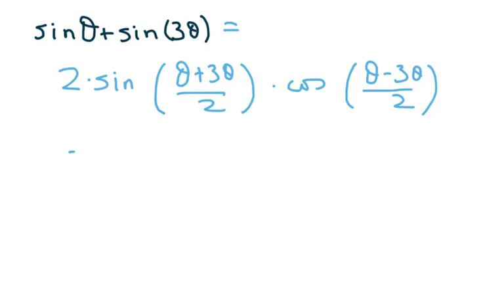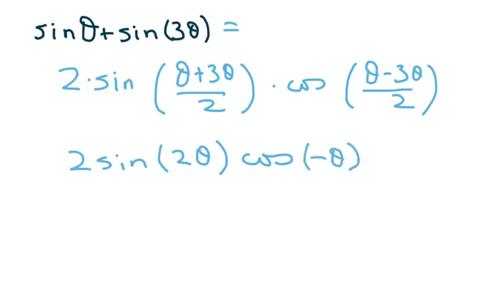That's going to be 2 sine of 4 theta divided by 2 is 2 theta. And times cosine, that's going to be negative 2 theta over 2 is negative theta. And then I'm going to use my even properties or even identities for cosine and just call that cosine of theta because we can just change that to a positive.